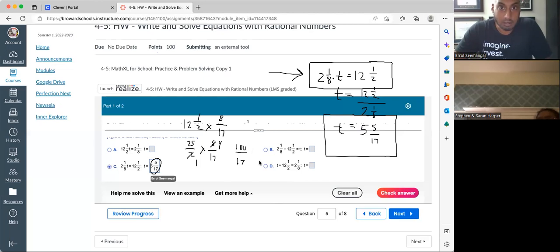Let me check that. 12 and a half divided by 2 and 1/8. This is 17 over 8. Now you flip that, it's 8 over 17. This is 25 over 2 times 8 over 17. That's 1, that's 2, 100.